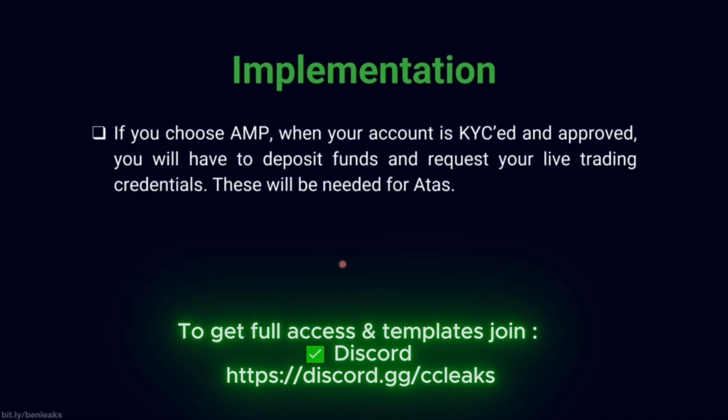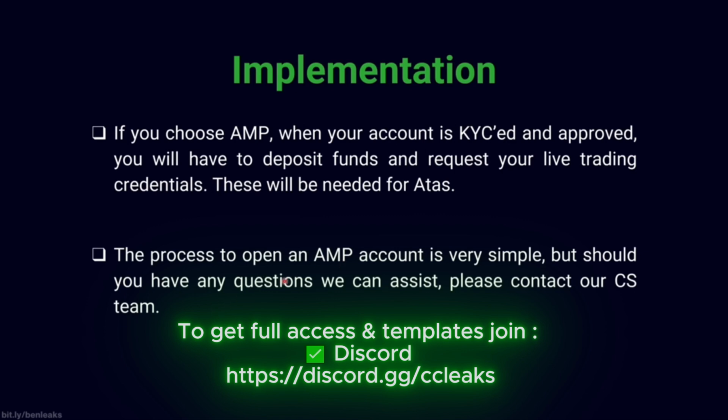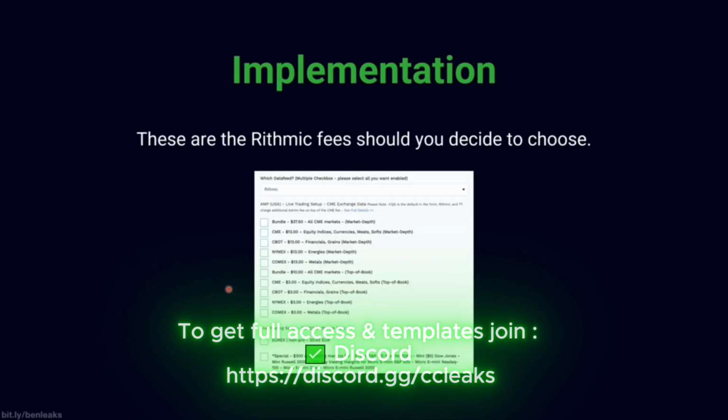If you choose AMP, when your account is KYC'd and approved, you will have to deposit funds and request your live trading credentials. These will be needed for Atos. The process to open an AMP account is very simple and straightforward, but should you have any questions, please contact me or the customer service team, and we'll point you in the right direction. They're very good.